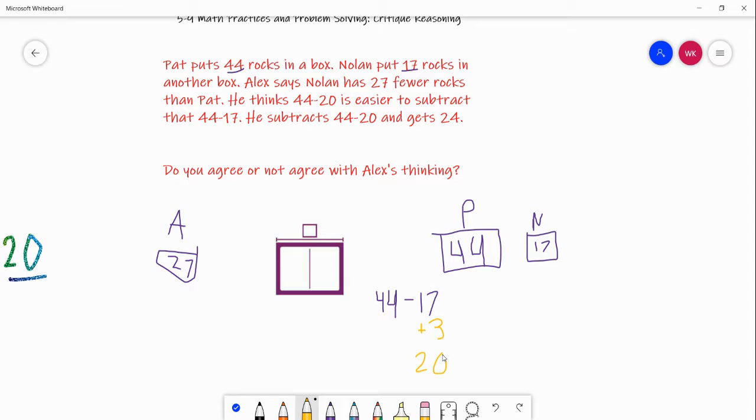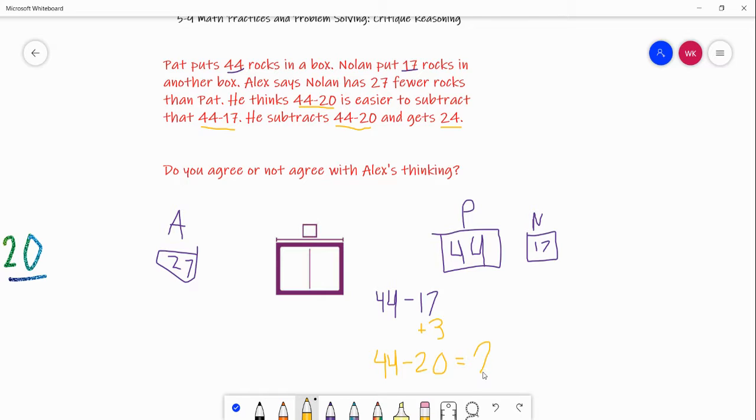So now he has 44 minus 20. He thinks 44 minus 20 is easier to subtract than 44 minus 17. He subtracts 44 minus 20 and gets 24.